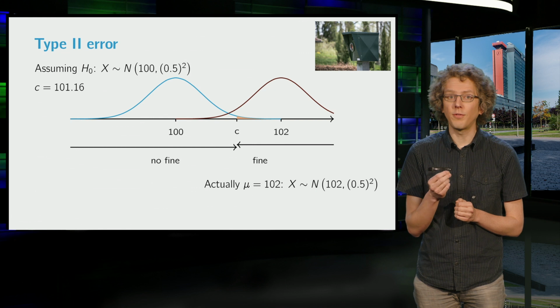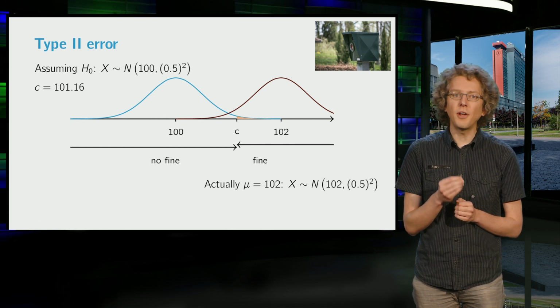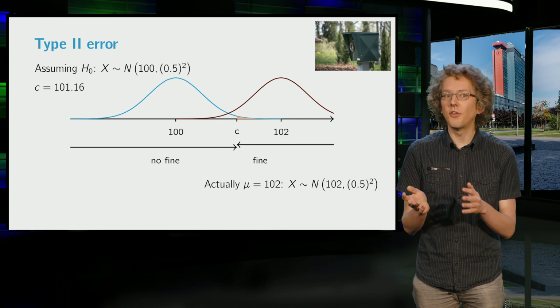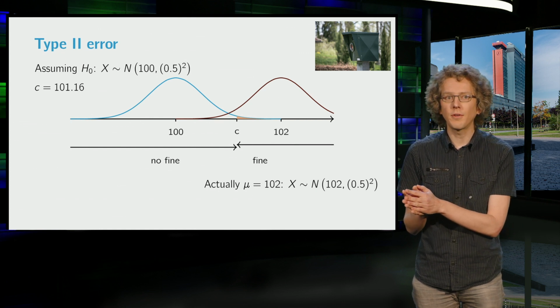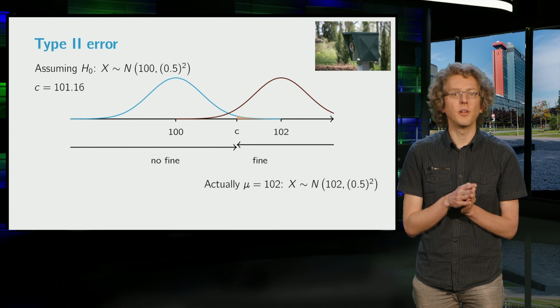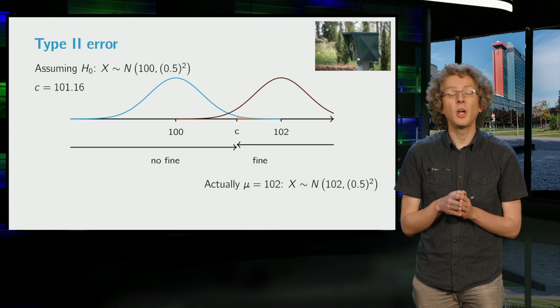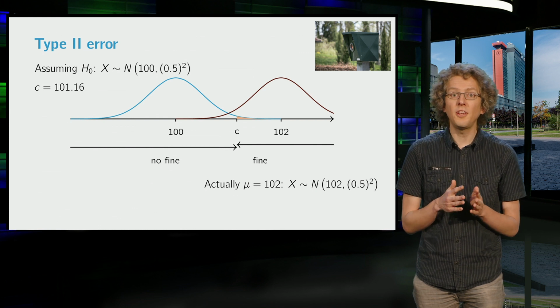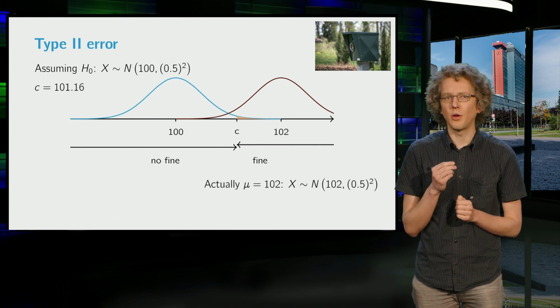This is their actual velocity mu. So the measured velocity has a normal distribution with still the same standard deviation 0.5, but now with expectation 102. We know that the police issue a fine if the measured velocity is at least c, which was 101.16.